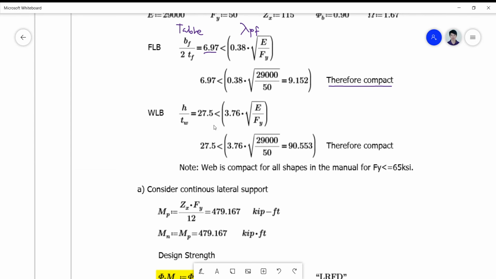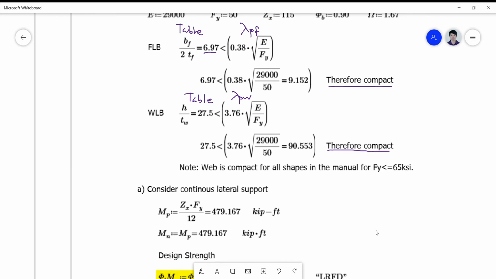But for purposes of presentation, we simply take the value of h over tw from the table and compare it with the lambda p web limitation, which is 90.553. So take note that this is very much less than the limit, therefore again the web is compact.